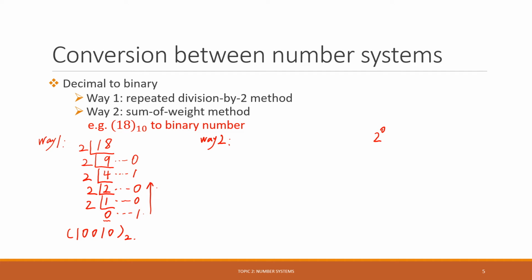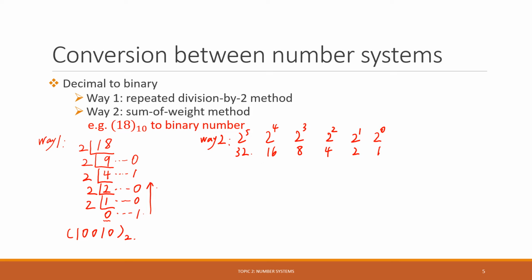Because this 18 is an integer, we just start from 0: 2 to the power of 0, to the power of 1, to the power of 2, to the power of 3, to the power of 4, to the power of 5. I think that's enough. If we put the values here, we get 1, 2, 4, 8, 16, 32.